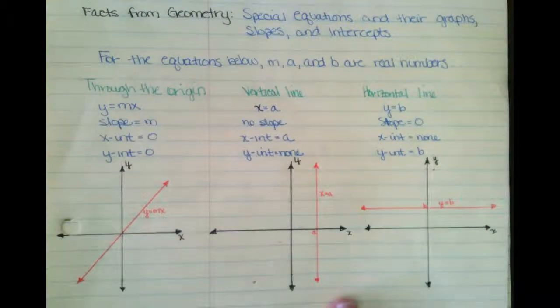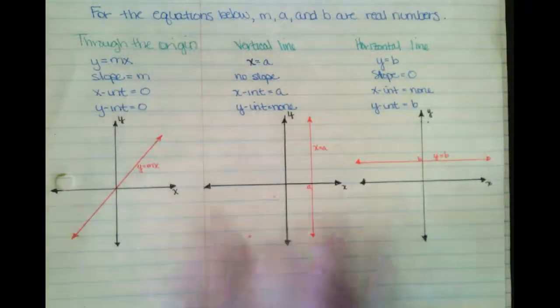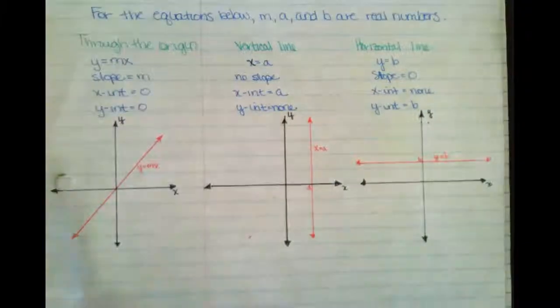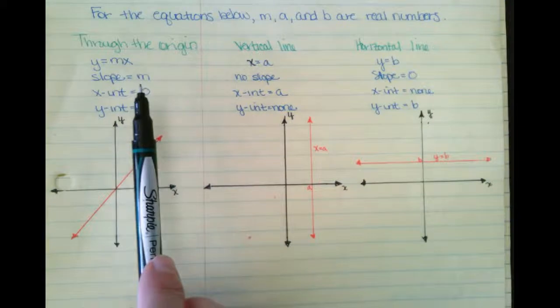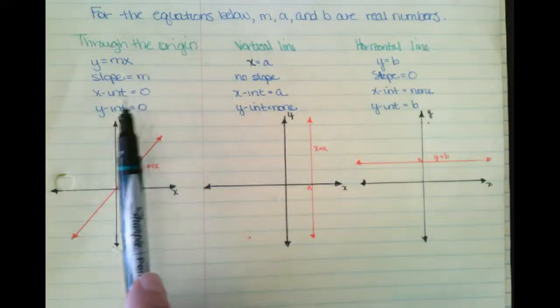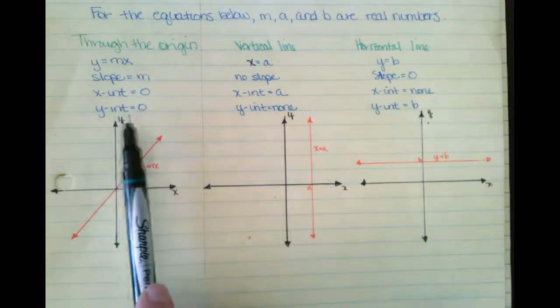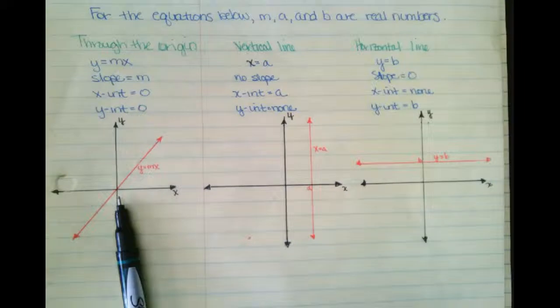Let's take a look at 3 different types of graphs that are very special, and the equations you should start to recognize. So a line that goes through the origin looks like y equals mx, where the slope equals m, the x-intercept equals 0, and the y-intercept equals 0, because it goes through the origin.